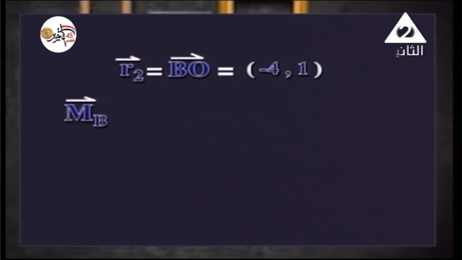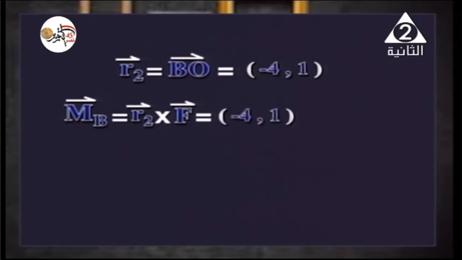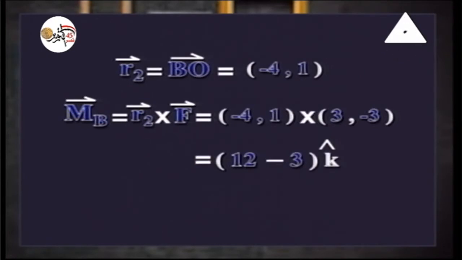Moment about B equals R2 cross F. By the same method, we find moment about B: (-4, 1), the coordinates of R2, cross F (3, -3), equals negative 4 times negative 3, which is 12, minus 1 times 3, which is 3. 12 minus 3 equals 9k.